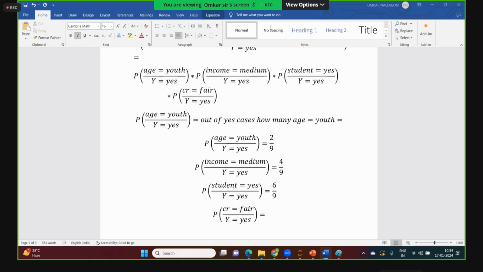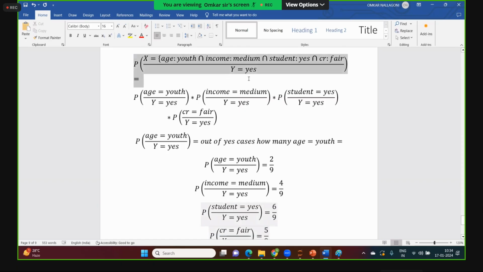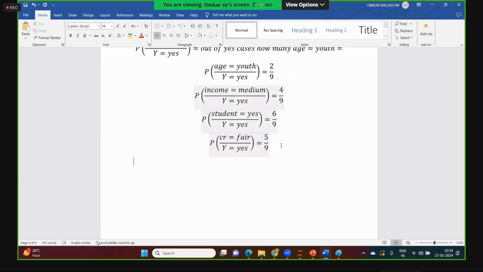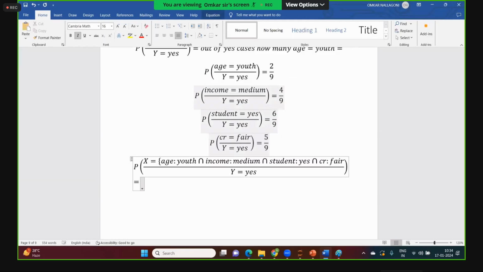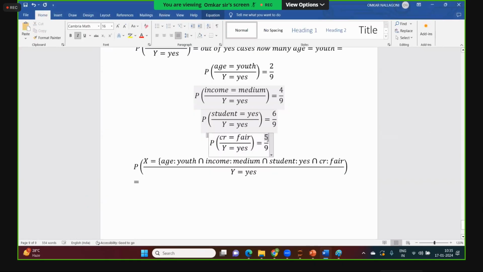Put your answers in the chat. Only Nikita and Shankar are giving answers. 5/9? Sure? I'm betting only on you. Which one, 6 by 9? Income equal to 6 by 9. Count 1, 2, 3, 4, 5, 6 by 9.